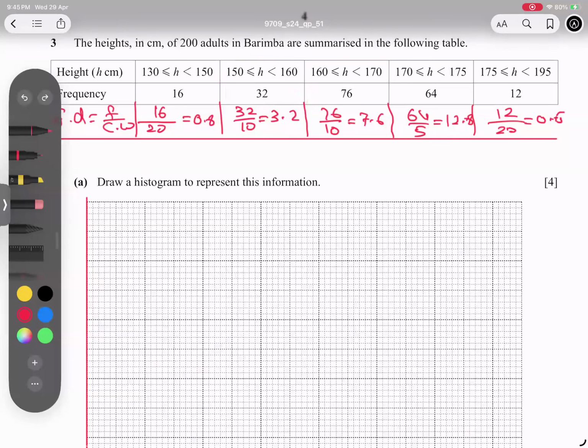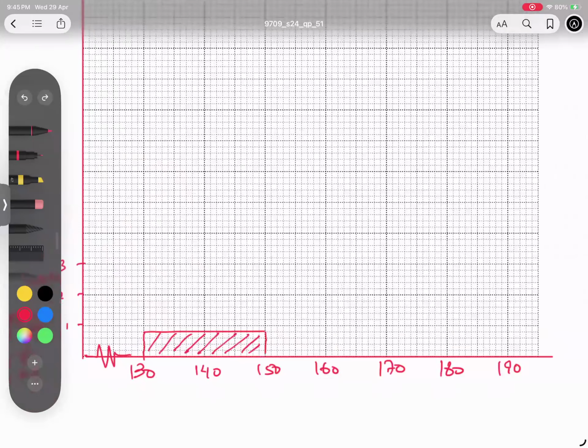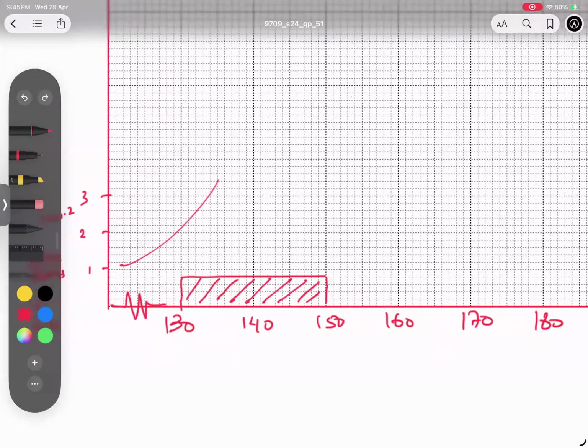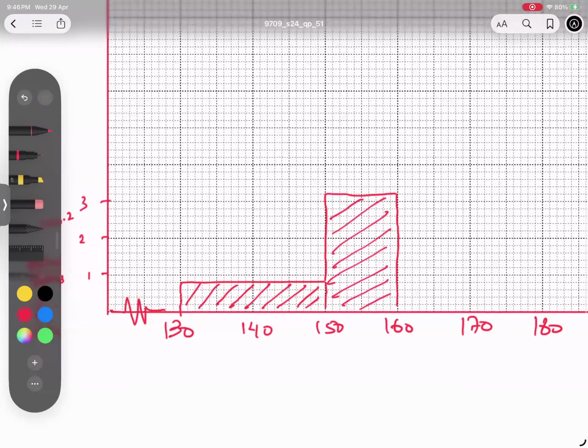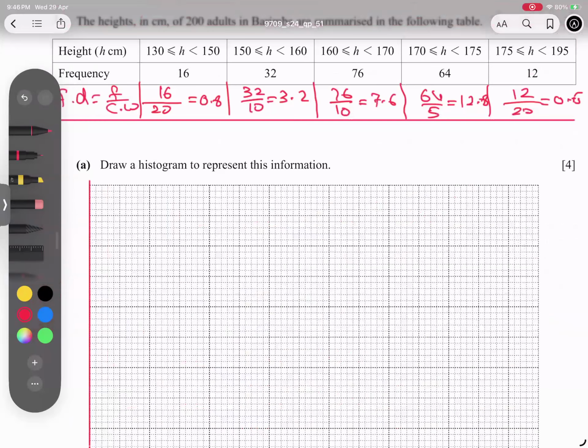Height 3.2. 3.2 is one box above 3. So 3.2. I hope this part is also clear. Third column, students, what we have is 7.6 and 10.